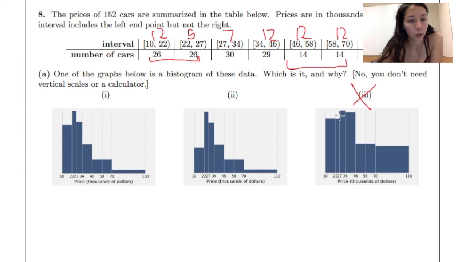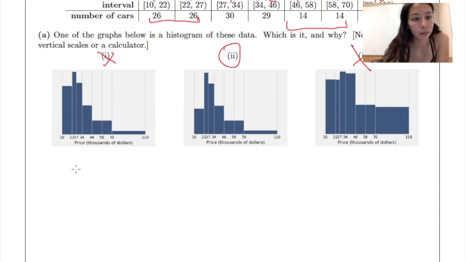And then once I look at 1 and 2, I see that in number 1, even though the first interval is more than twice the second interval, and it has the same number of cars, it's very close to the same height. So we can also cross it off immediately and conclude that number 2 is the histogram. And we can tell that just by looking at these first 2 bars.